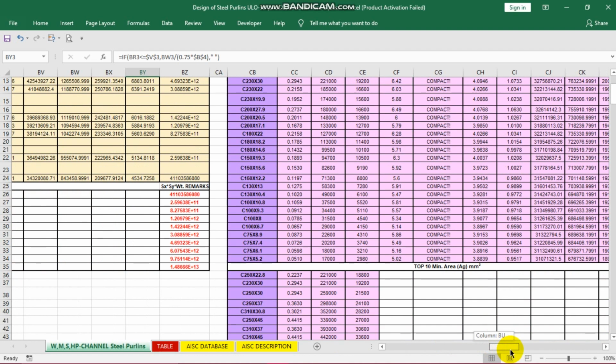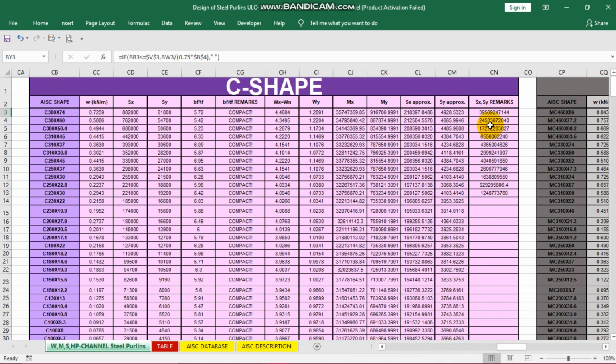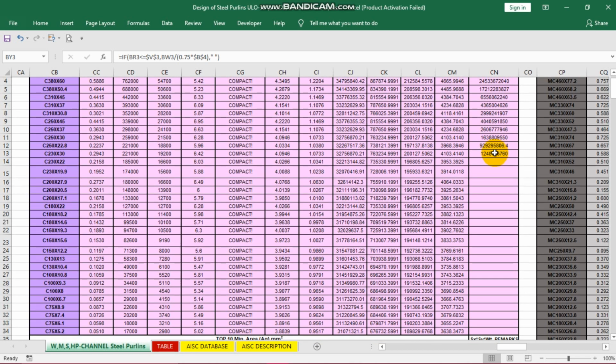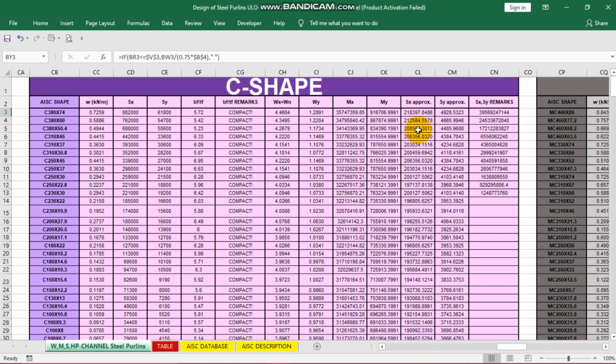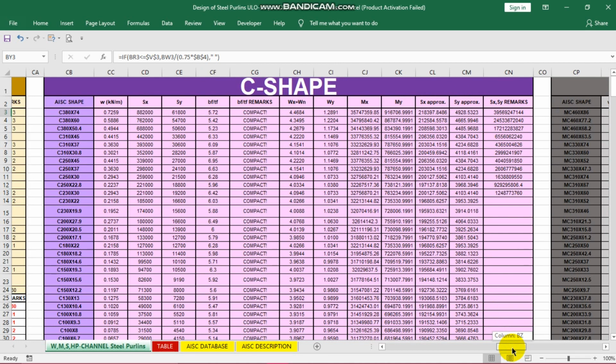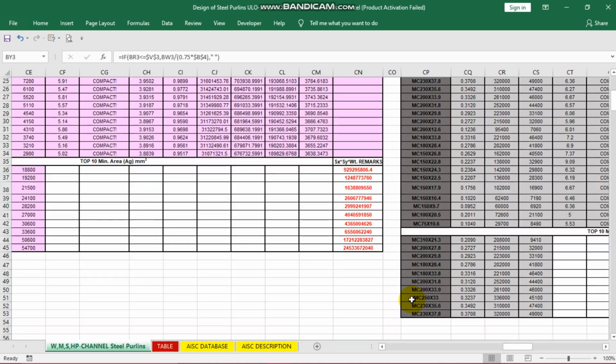And then, for the channel, only this passed given the loads it must resist. All of them are compact. However, their SX and SY approximations did not pass, because SX and SY should be greater than the approximation values so that it does not fail. So, this is the only one that passed.